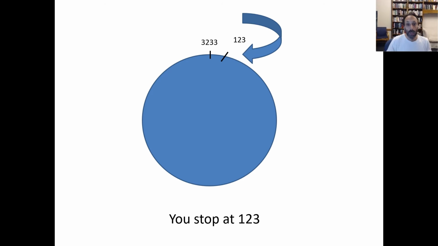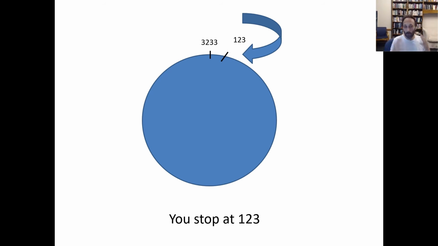So think about the encryption: you have the circle, you walk around 123 to the 17th power, and you stop at 855. To decrypt, you take 855 to the 2,753 power, modulo 3,233, and you stop at 123. And you have now decrypted it.